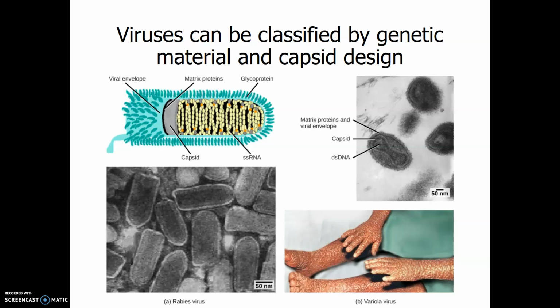There are two viruses shown here, the rabies virus and the variola virus. The variola virus, what you're seeing in this image in picture B, is someone with smallpox. And the reason that you've probably never seen this before, unless you've seen it in a photograph, is because worldwide we have eradicated smallpox. We have a vaccine for smallpox that children get, and it is extremely rare.